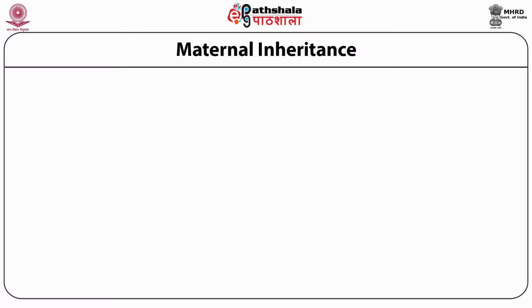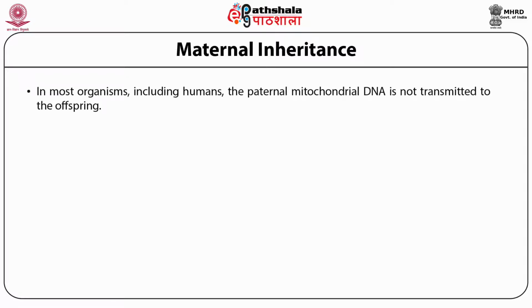Maternal inheritance. In most organisms, including humans, the paternal mitochondrial DNA is not transmitted to the offspring. This pattern of mitochondrial DNA inheritance is called maternal inheritance.